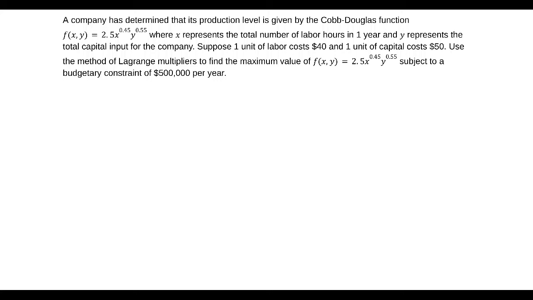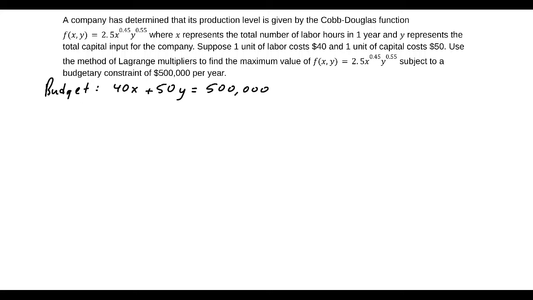Let's first just note the budget. The budget restriction is that 40x plus 50y is equal to $500,000. Total cost for labor and capital cannot be more than $500,000.